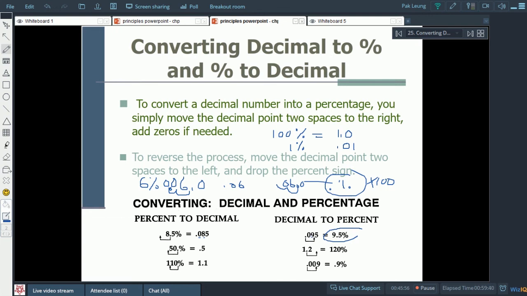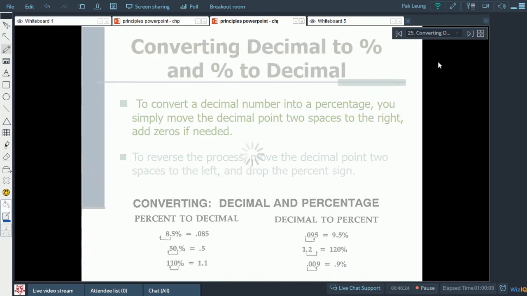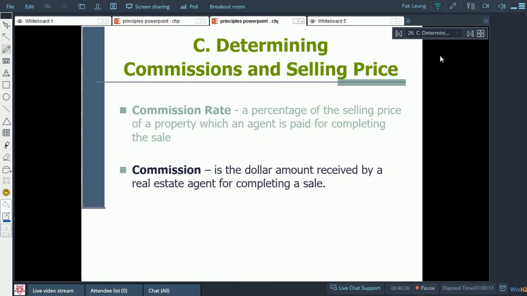So this is 0.095. To a percent, you times it by 100. You move it to the right twice, so it's 9.5%. 1.2, move 2 places, 1, 2, 120%. 0.009, move 2 places is 0.9%, not 9%.